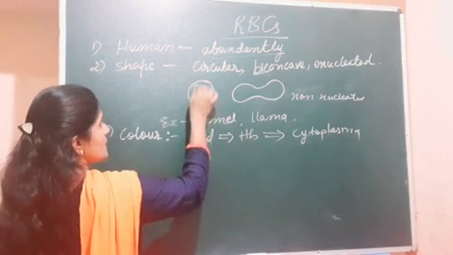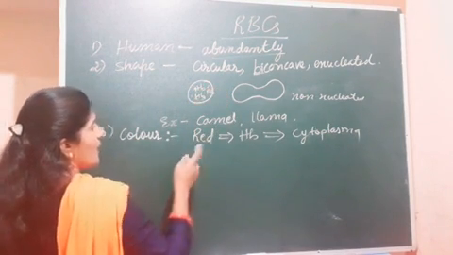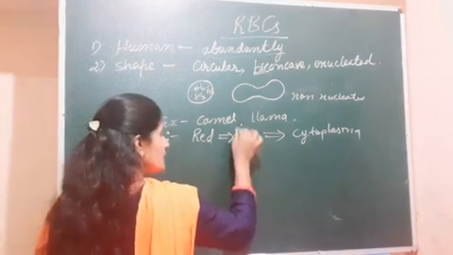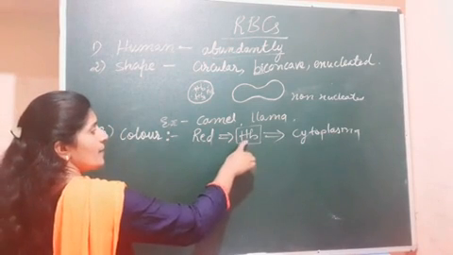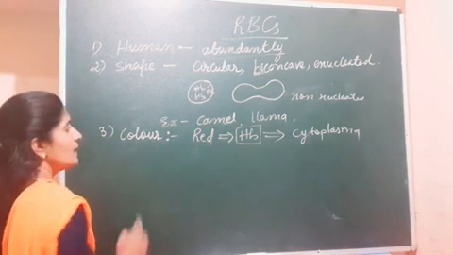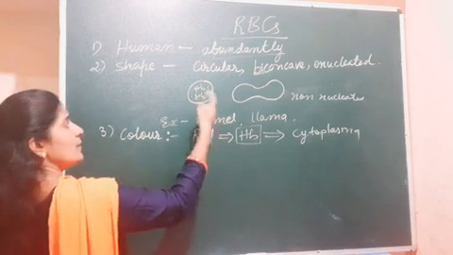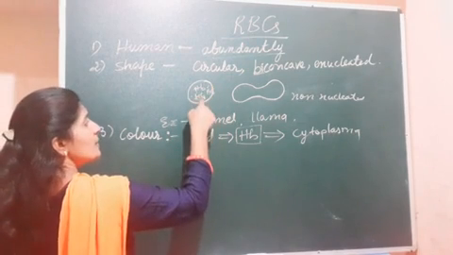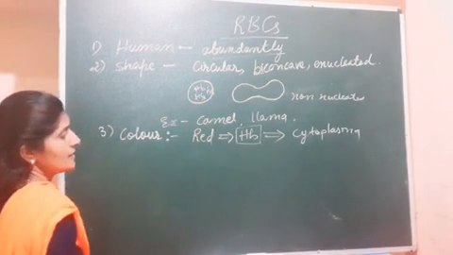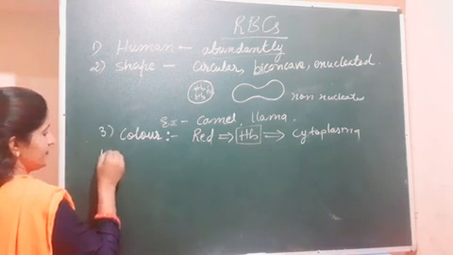In that RBC, hemoglobin molecules are present, and hemoglobin is a red colored pigment. Because of the hemoglobin only, the blood color is red. So due to the presence of hemoglobin, RBCs are red in color, and due to the RBCs, blood is red in color. So this is the color of RBC, red.